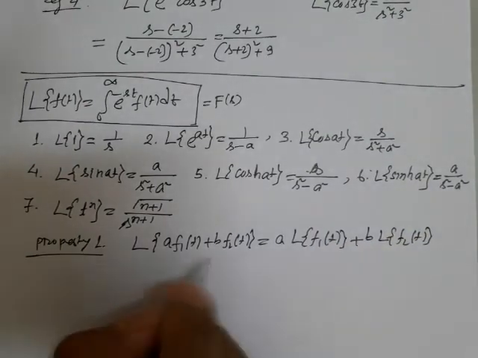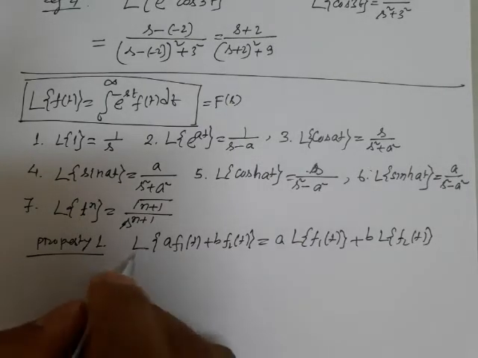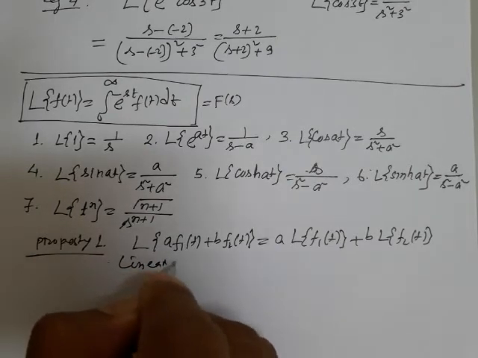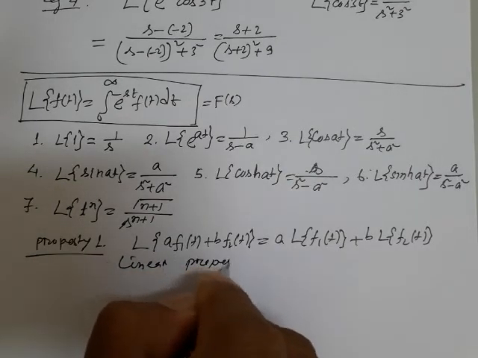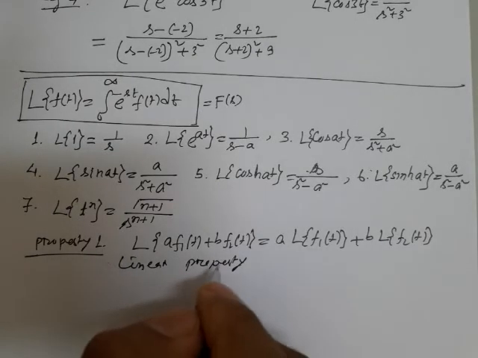Okay, this is called property number 1. This is called linear property. Okay, name of this property is linear property. You have learned this property in linear algebra also.